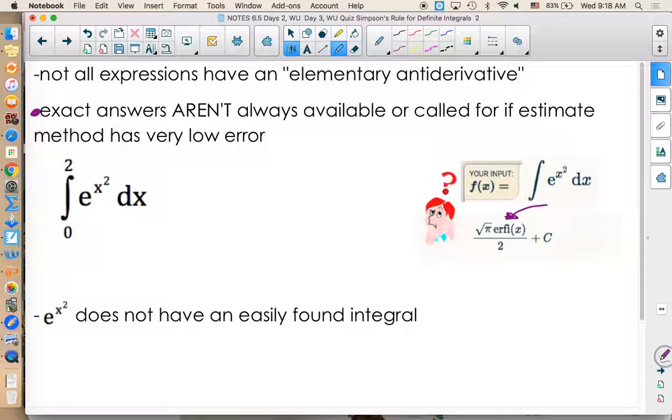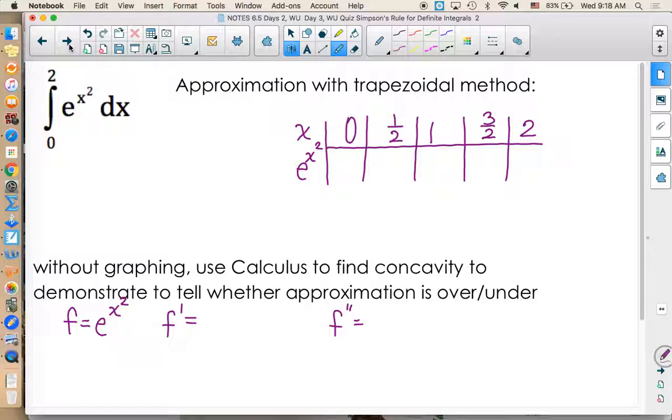Are there other expressions that don't have an elementary antiderivative? Yeah. If you try to integrate sine of x squared, you run into that same problem. You'd run into some pretty complex, high-end math, so we're going to use approximations because they'll be close enough.